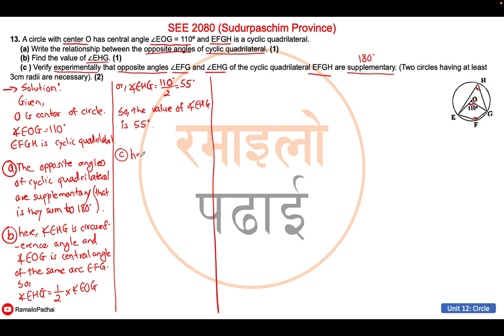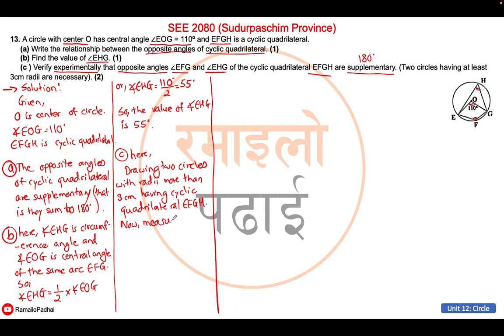So here, drawing two circles with radii more than 3 cm having cyclic quadrilateral EFGH.